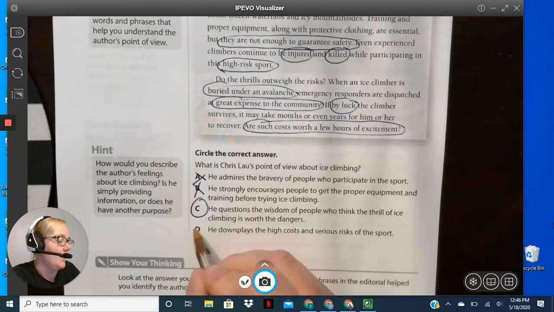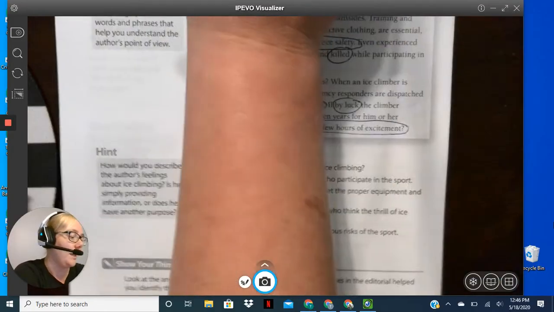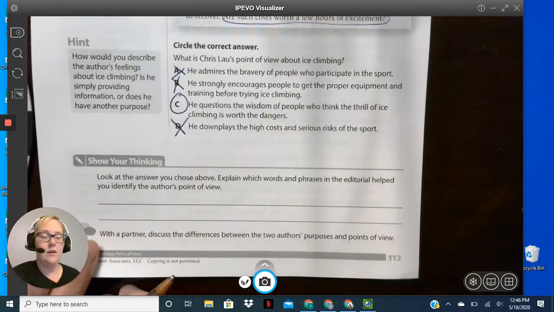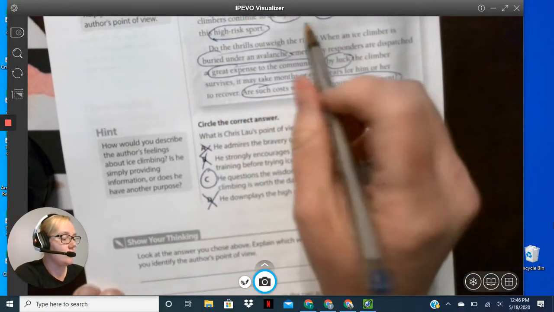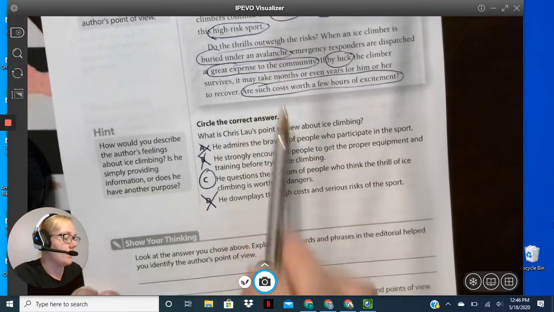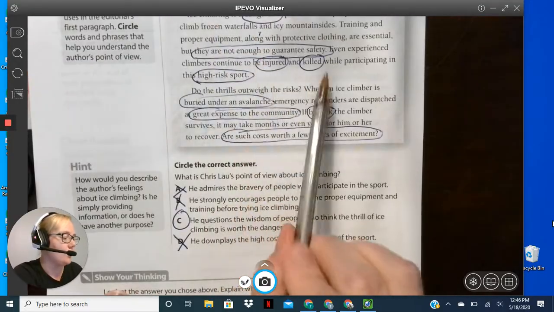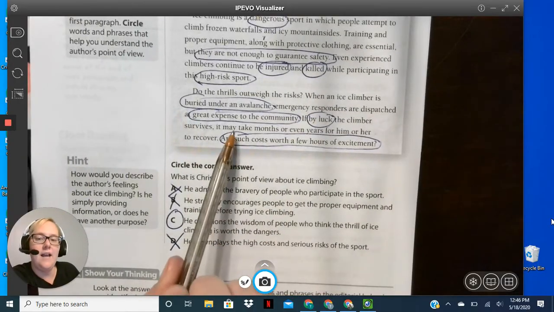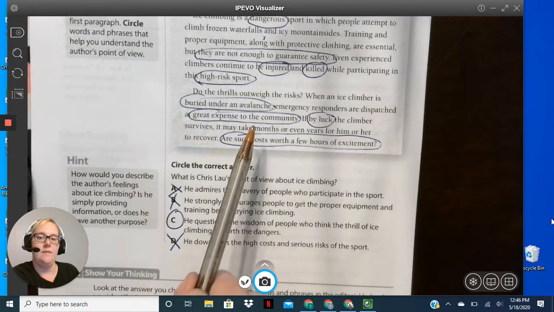D, he downplays the high cost and serious risk of the sport. Well, I would say that he upplays it. He makes it very well known that he thinks it is very dangerous. Okay, so using all of these things, like he used the word dangerous, not enough to guarantee safety, and really strong verbs and adjectives in here, like injured, killed, buried, and adjectives like high risk and great expense, dangerous.